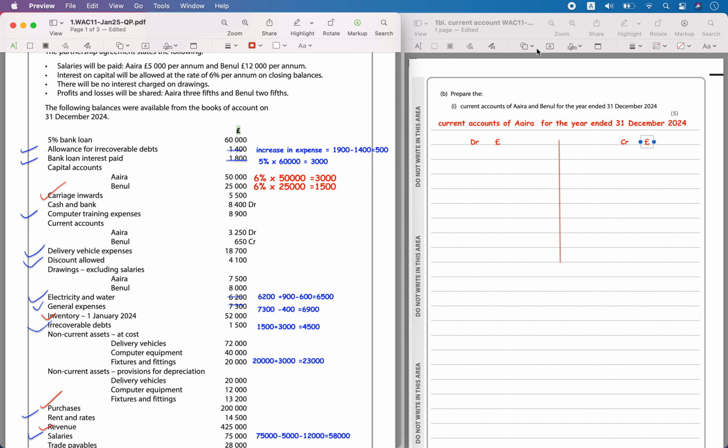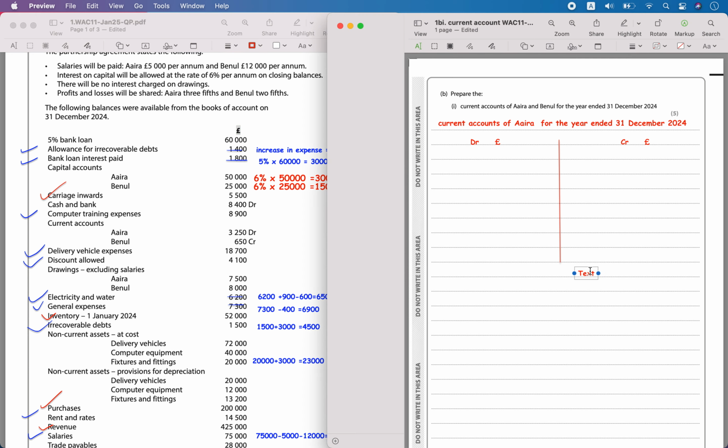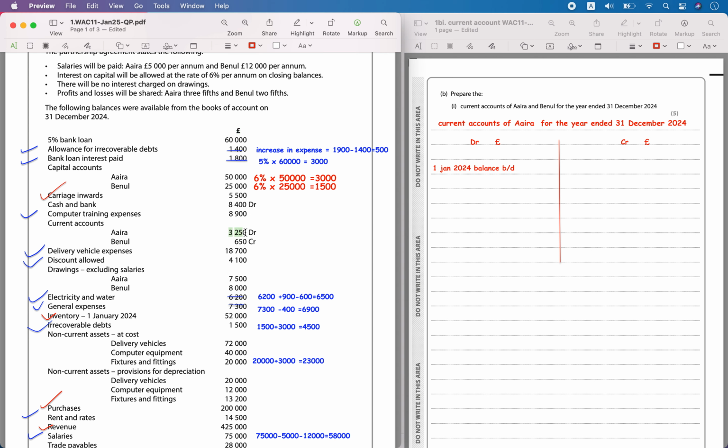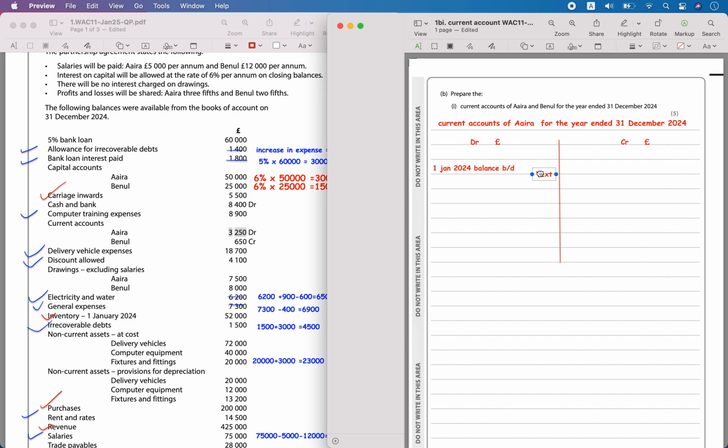This is on the 1st Jan 2024, balance b/d for Aaria was 3250 debit balance. Okay, so let's write that.